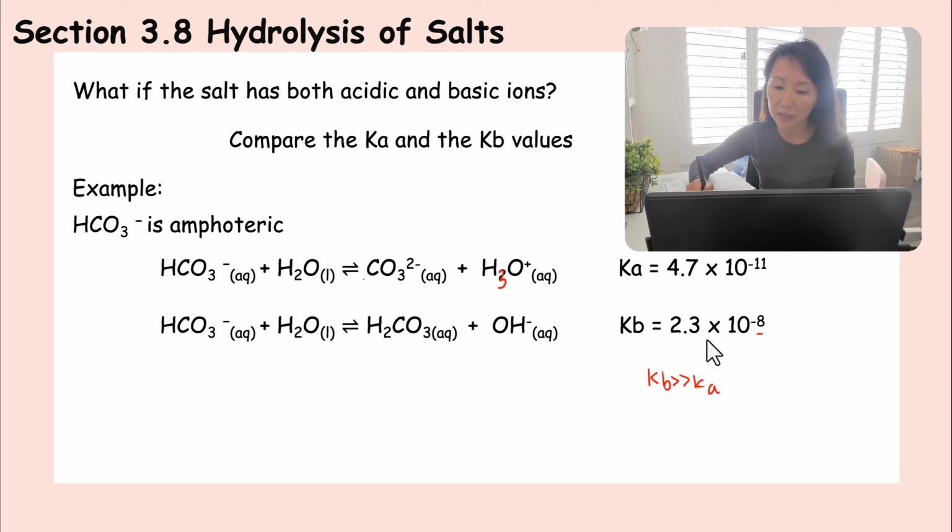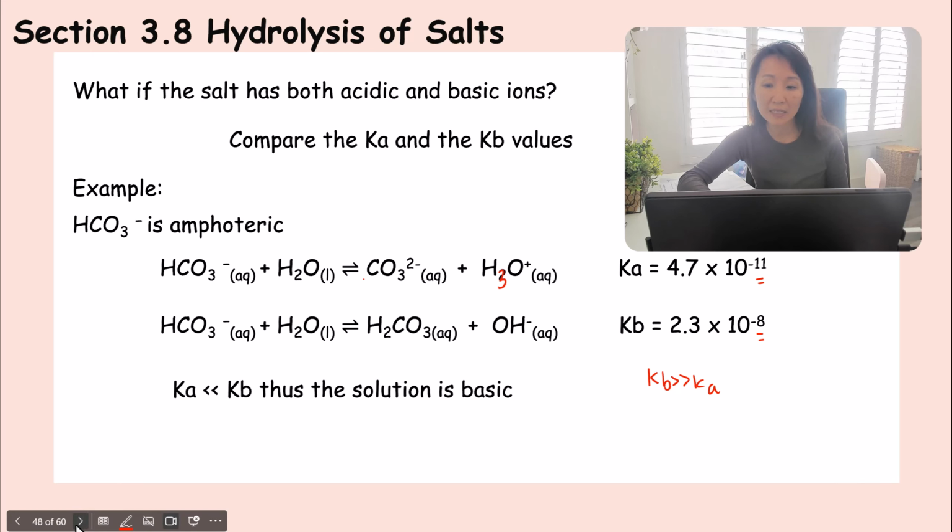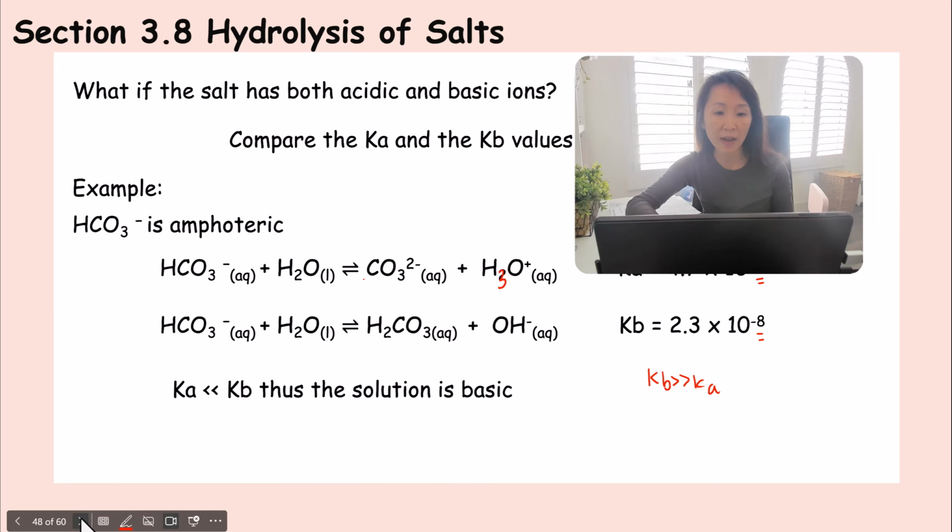It's 10 to the negative 8 and negative 11. So negative 8 means that it is a bigger value. Therefore, we consider this a basic solution because the Ka value is smaller. That's how we can determine it, by comparing the Ka and the Kb value.